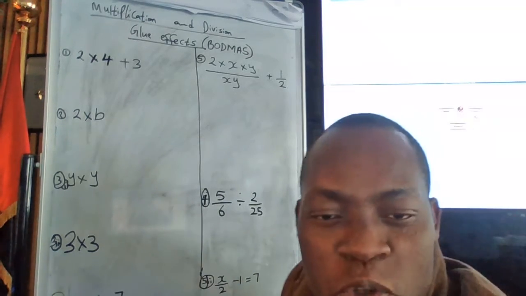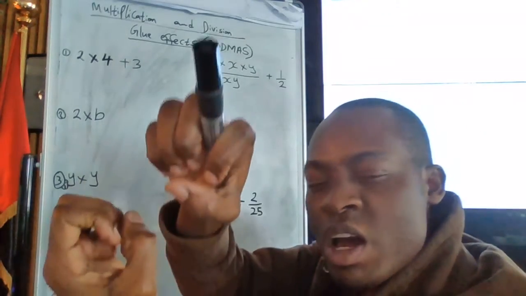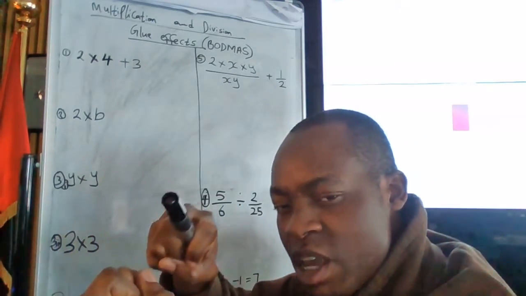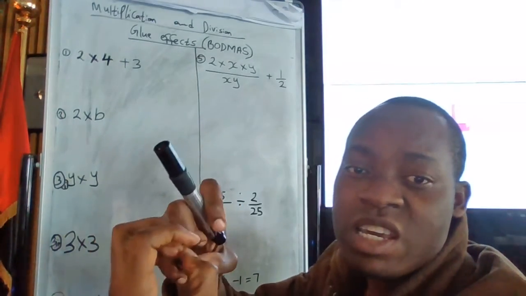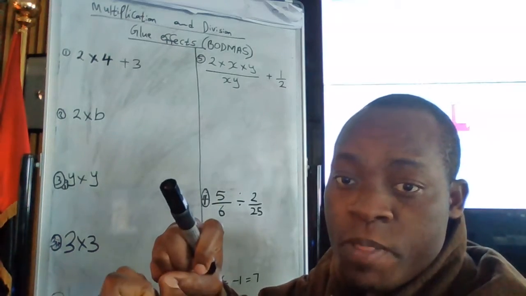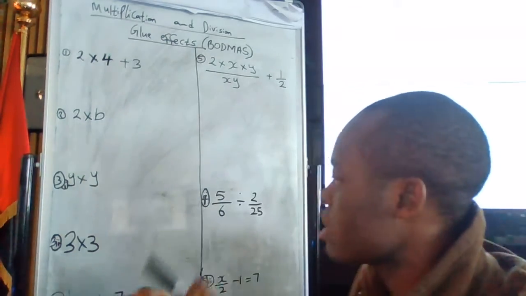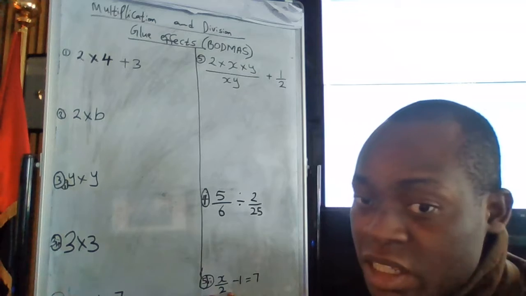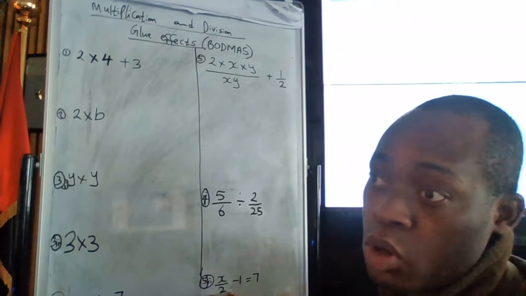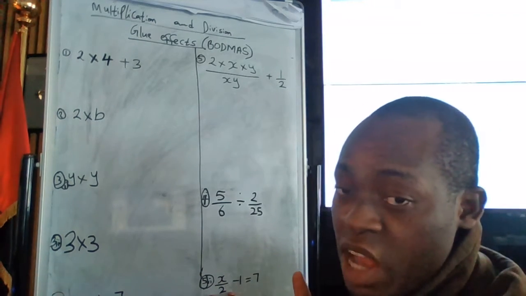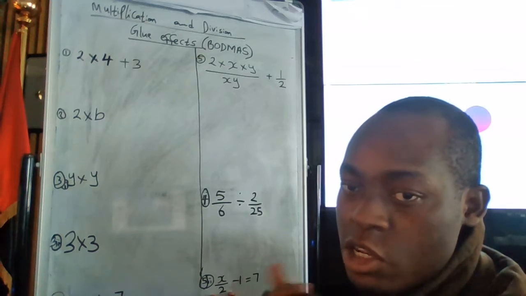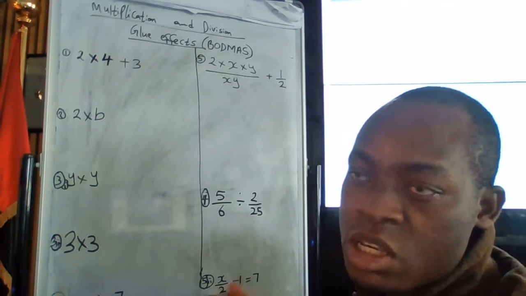Don't forget, even with super glue, you can still separate them, but you need a kind of effort to separate them. That is what happens when you see multiplication and division. Then they lead you to what we call the LCM.